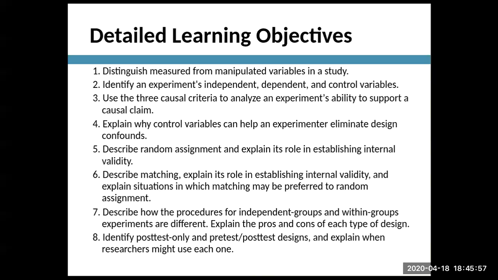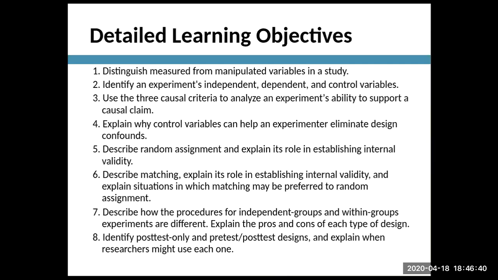We had a homework assignment where we were using the causal criteria in chapter 8 to analyze an experiment's ability to support a causal claim. Remember that from that, and if you listen to the answer key recording that I gave you, we talked about that correlations still satisfy the first criteria of covariance, but they do not have temporal precedence, and they do not care about internal validity, because it doesn't matter if a third variable, if something else is explaining the relationship between A and B in a correlation.